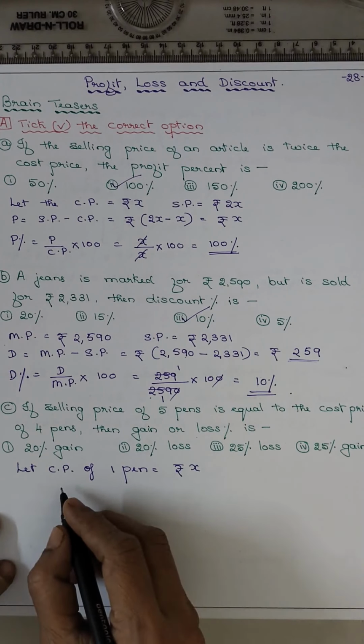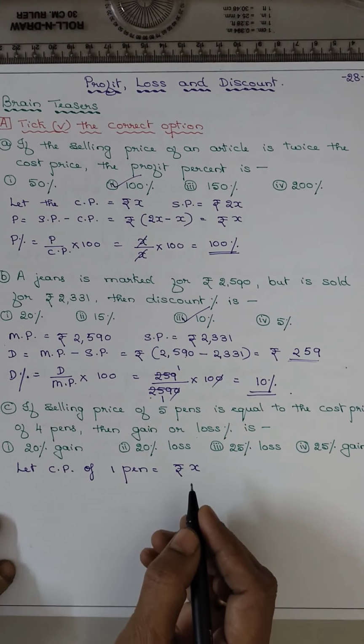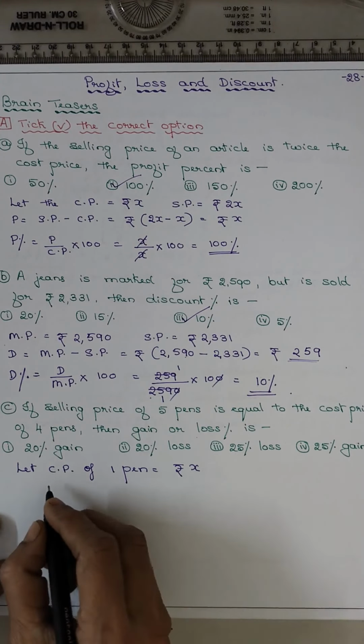So if the CP of 1 pen is rupees X, the CP of 4 pens, how much will it be? It is rupees 4x, isn't it?